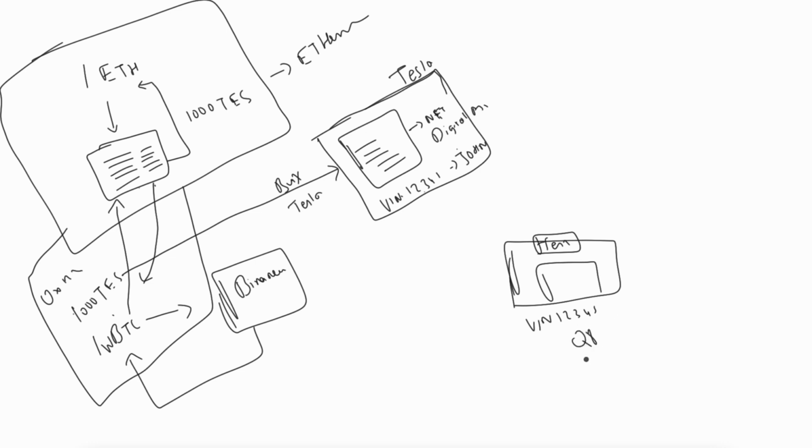So this car is now registered for you, and you can drive it home. In case someone asks how you bought it, you can show this is the way you bought it and this is the proof you have. You have given us the 1000 Tesla coins and we have transferred you an asset back.